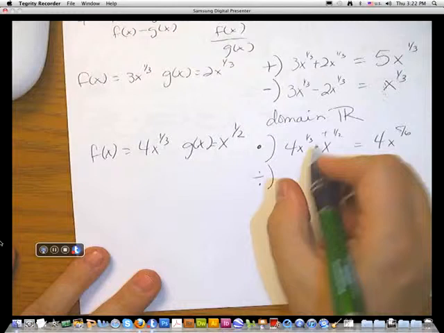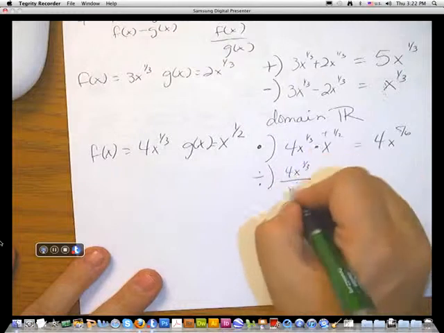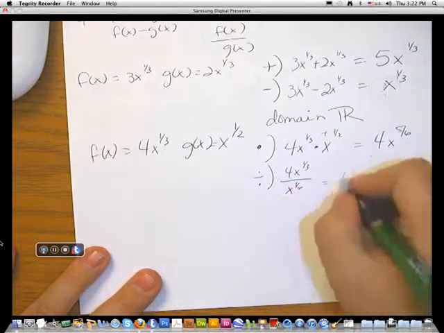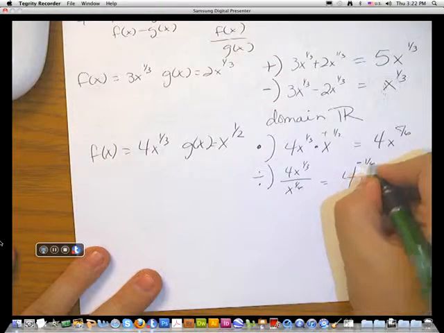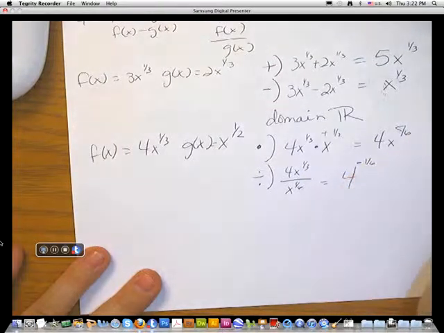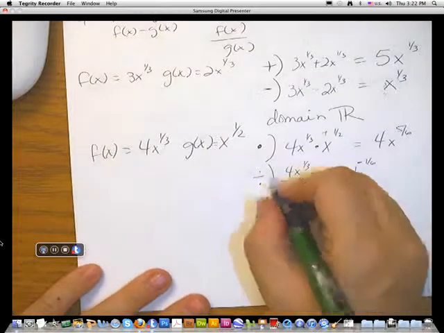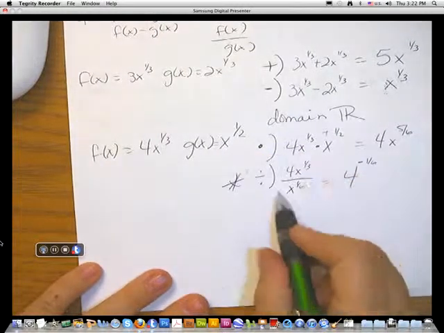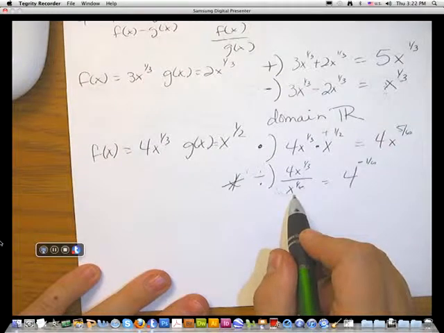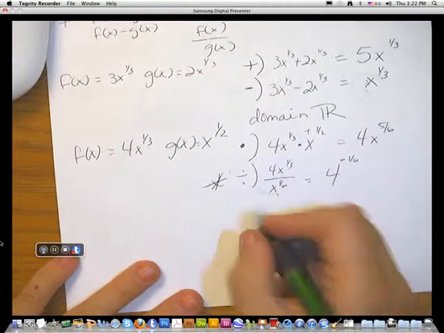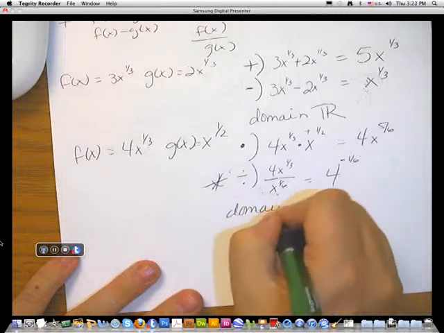If I said divide them, you go 4x to the 1/3 divided by x to the 1/2. Now I'm subtracting, 1/3 minus 1/2 is negative 1/6. But when you divide, you have to be careful, because when you're dividing, you can never divide by a 0. So you have to tell me the domains.